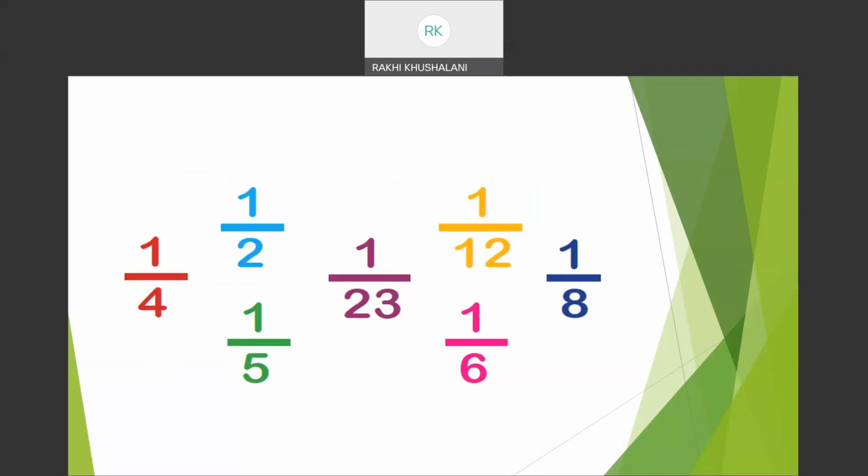Somewhere it's 23, somewhere it's 6, but we are talking only about one part of it. Unit part of it. What does 1 represent? Unit. What does unit represent? 1. So when my numerator is only 1, I call that fraction a unit fraction.